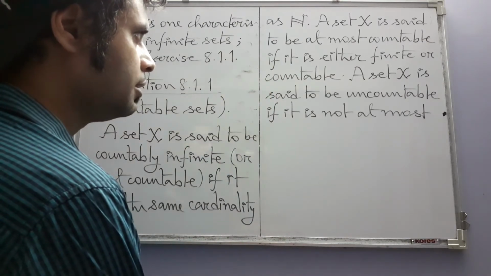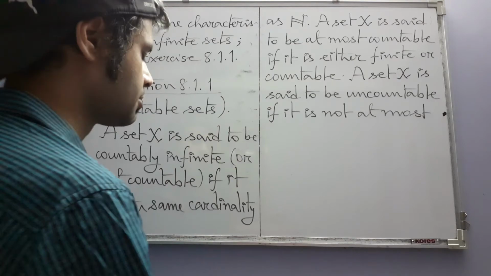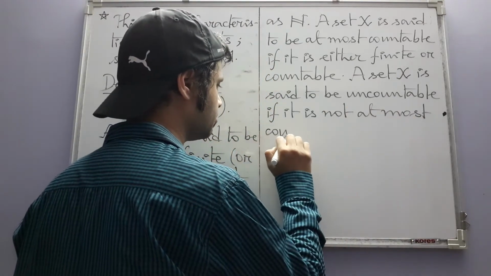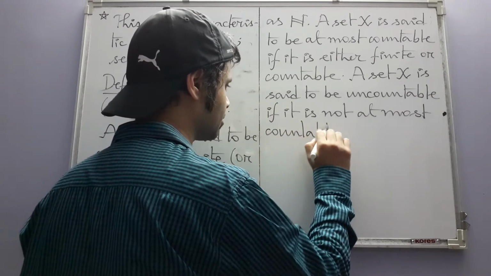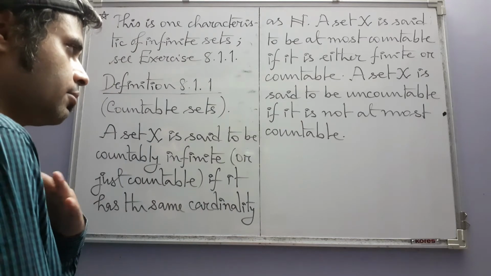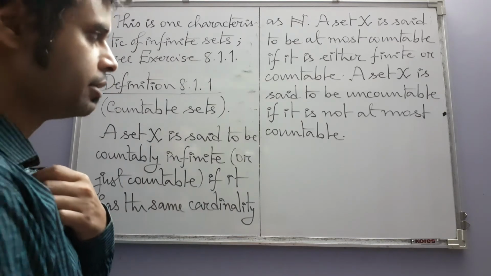Okay, I am saying it is not at most countable. Yes, that's right. Not at most countable. We have to be careful with these definitions. One mistake and it's gone. You are saying about something else.